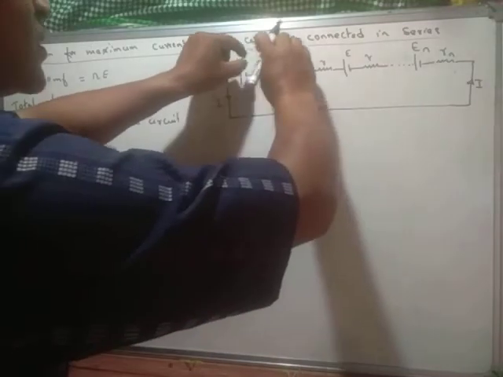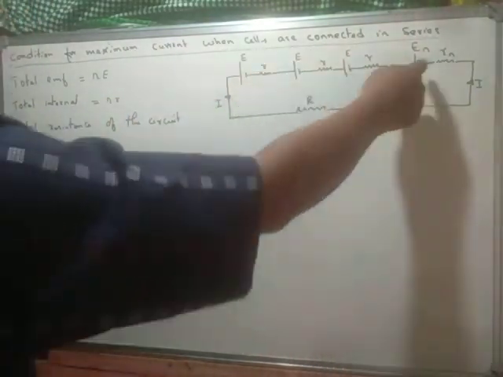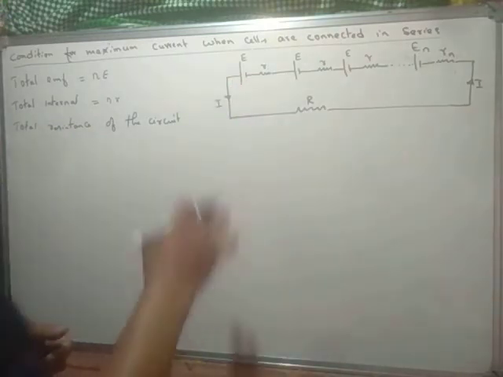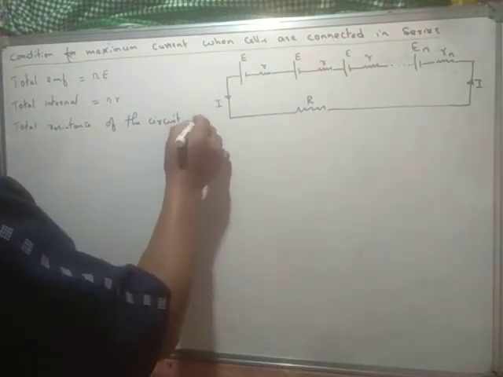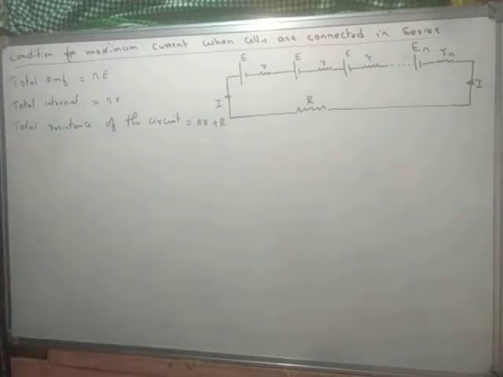When I say total resistance of the circuit, it means the combination of internal and external. All these internal resistances are connected in series with the external resistance. So therefore I will write nr plus capital R. So these are the things which we have found.